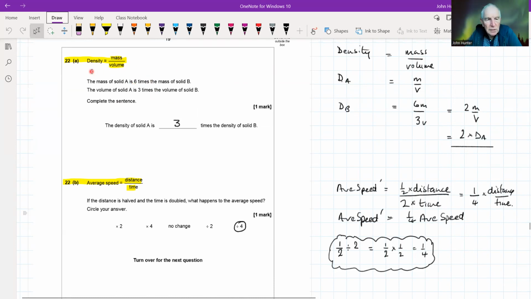So let's have a look at this. Density equals mass over volume. Well, you probably know that if you're doing any physics. Now, the mass of solid A is 6 times the mass of solid B, and the volume of A is 3 times the volume of solid B. And I think I might have got my A's and my B's mixed up here.